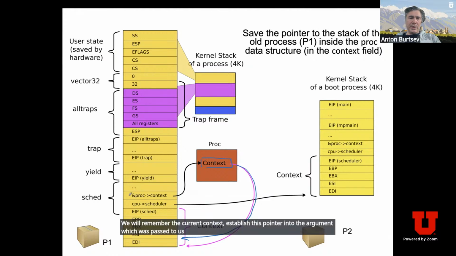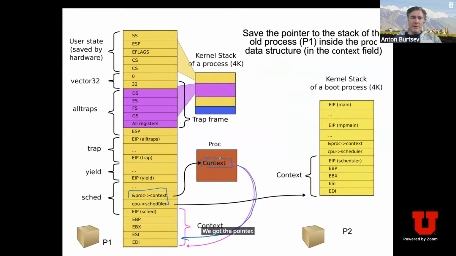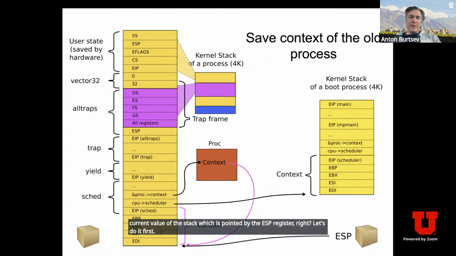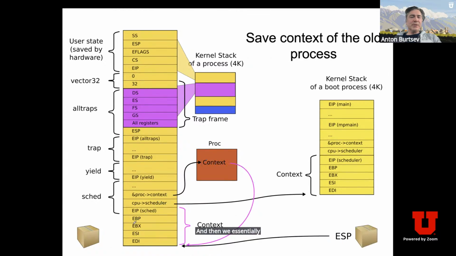So we got two arguments. We got the pointer to this memory location where we're gonna save the current value of the stack, which is pointed by the ESP register, right? Let's do it first. And then we essentially load the ESP to start pointing to the new context.